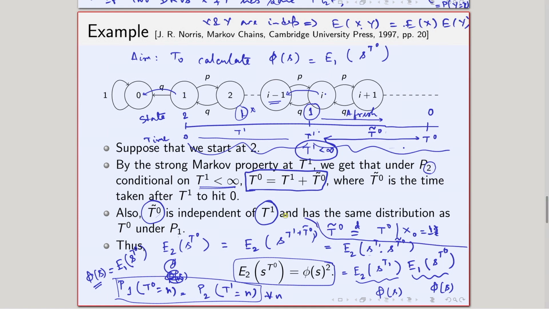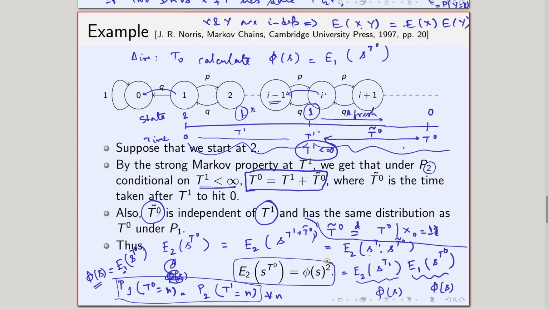So we got that, starting from 2, the expectation of s to the power t naught, where t naught is the hitting time to 0, is the same as phi s squared, where phi s is nothing but, starting from 1, the conditional expectation of s to the power t naught.